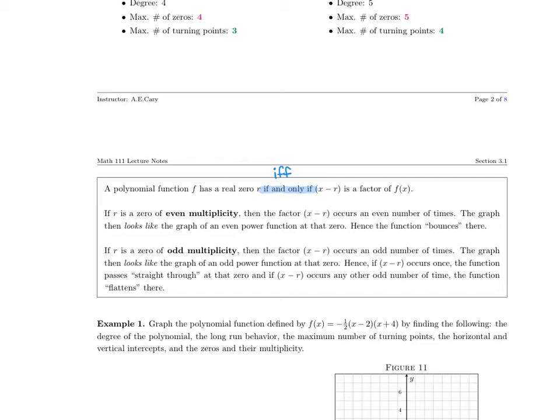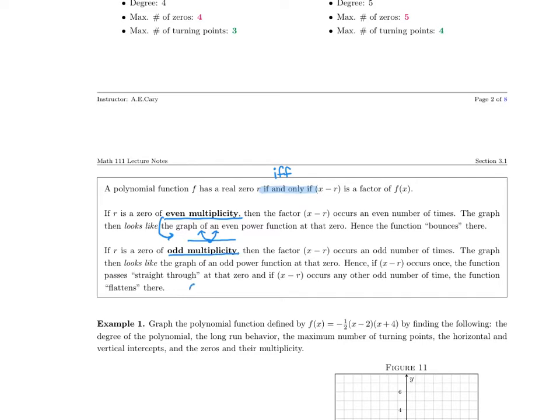If you see an even multiplicity, which is like an even power on a factor, you notice it says it kind of bounces. It's going to look something like this. It's going to look like a quadratic, but that's just around that root or factor. Whereas for odd multiplicities, we're only going to be dealing with 2 types: a multiplicity of 1 or a multiplicity of 3.